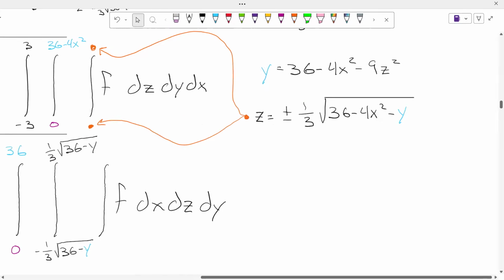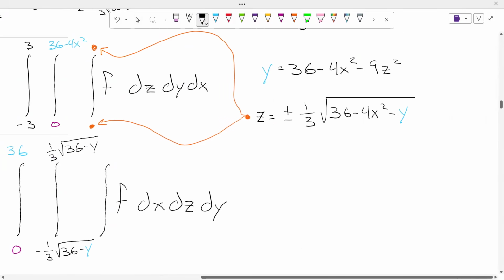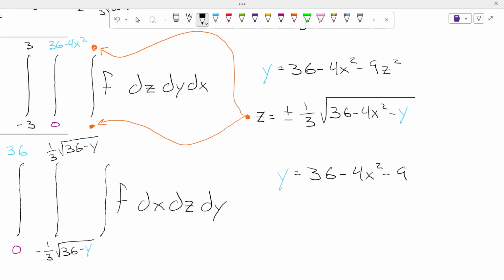And for our x bounds, again, we're looking at y equals 36 minus 4x squared minus 9z squared.